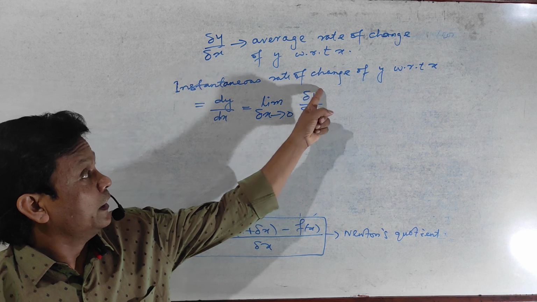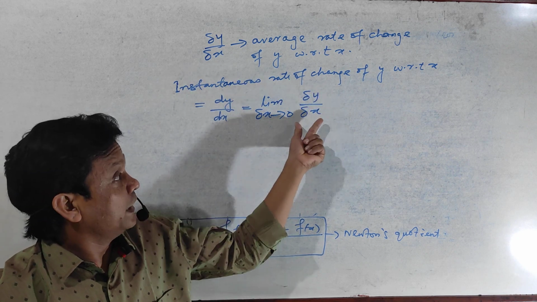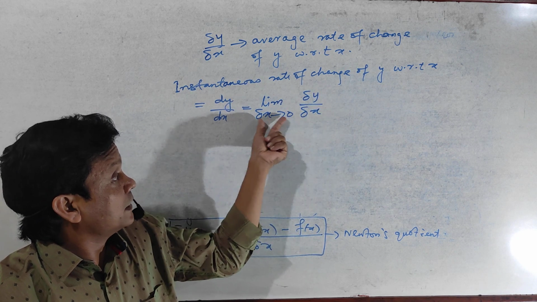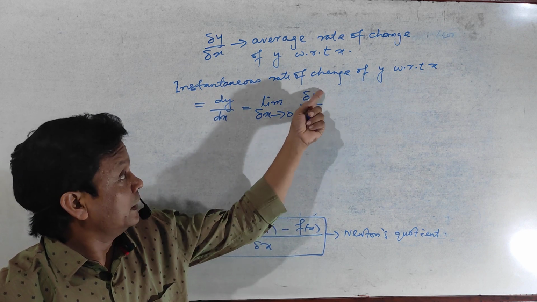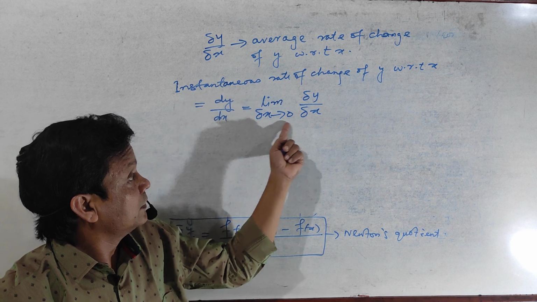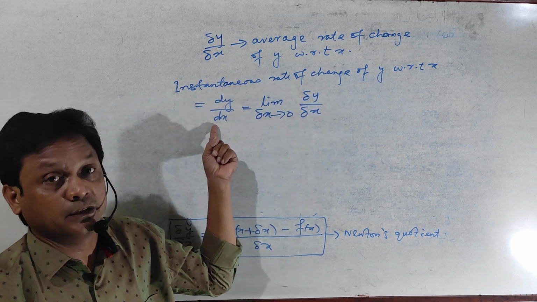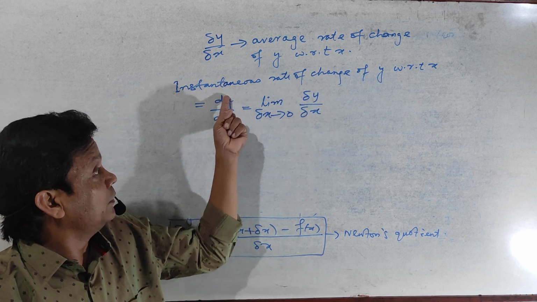In case of average, if we take the denominator as tending to 0, that means if we take the denominator as very small, then that average rate will become instantaneous rate, and it is denoted by dy by dx.